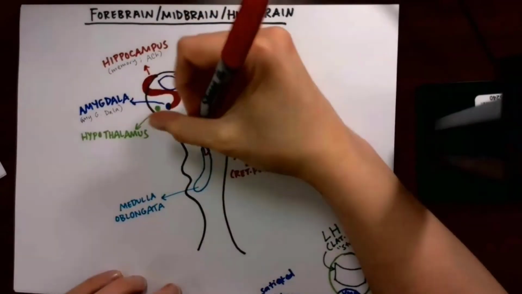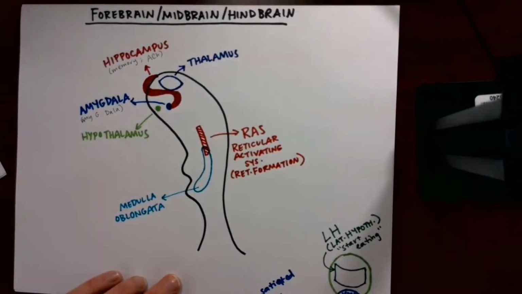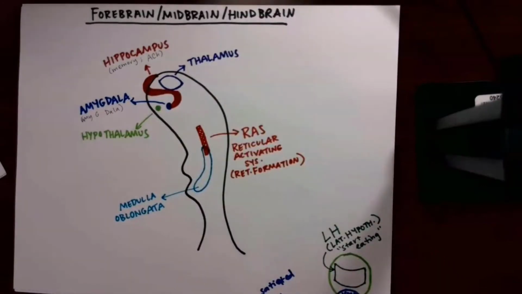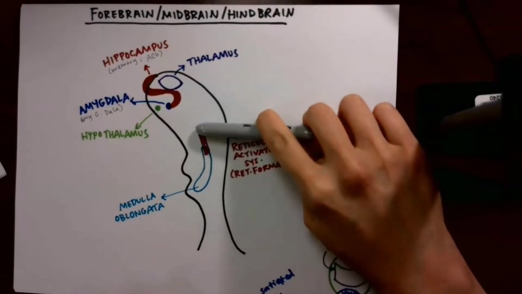And in here, I'm going to draw some cross hatches. It's an art term. Because it's kind of like a fishnet type structure. It resembles fishnet. So the center of the reticular activating system is the reticular formation.